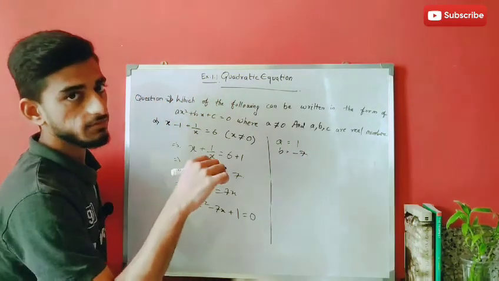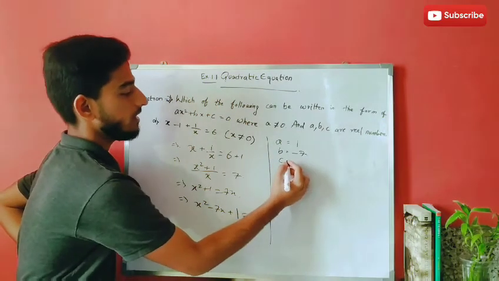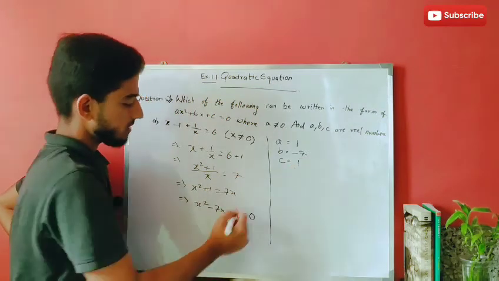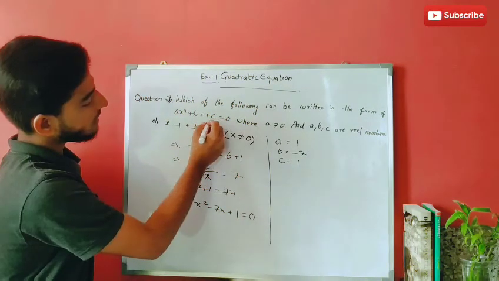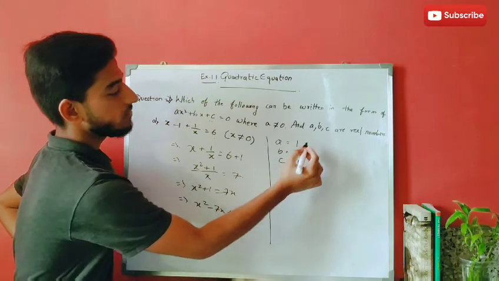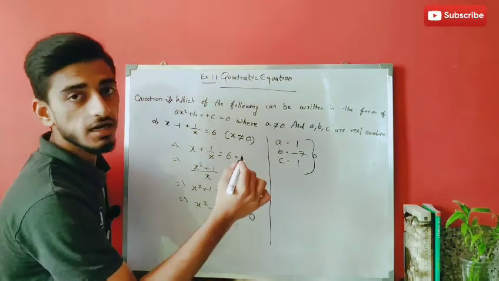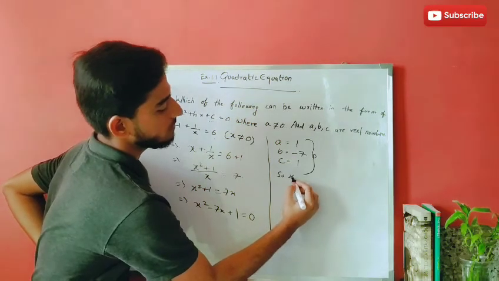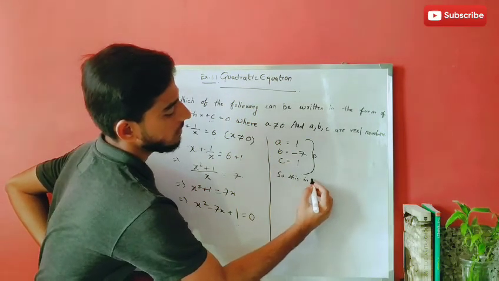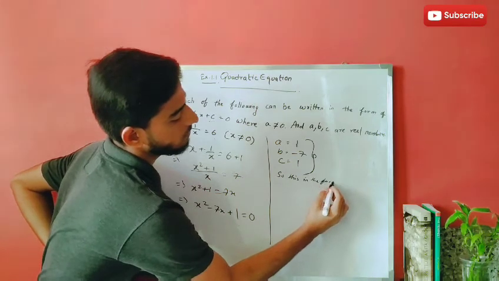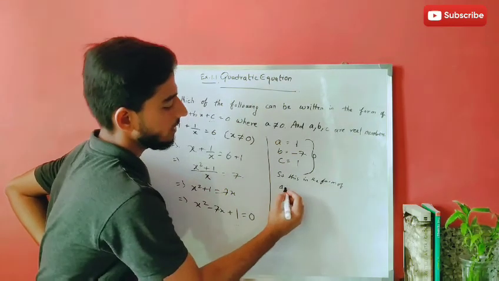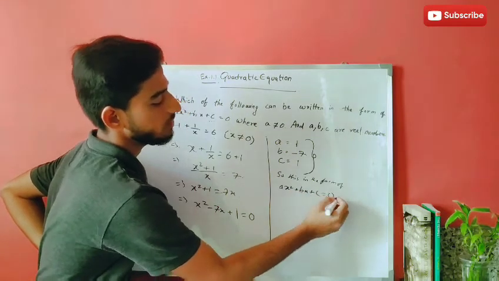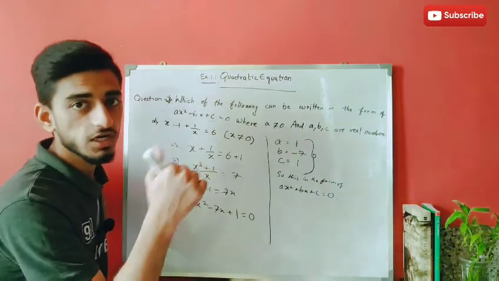And your c is plus 1, because the last number is plus 1, so c is plus 1. So all of these are real numbers, and this is in the form of ax square plus bx plus c is equal to 0. Done.